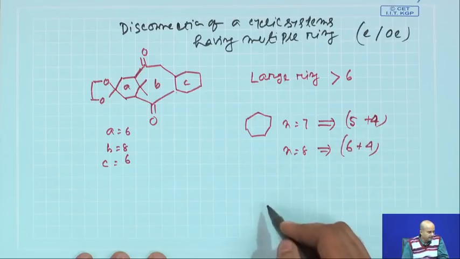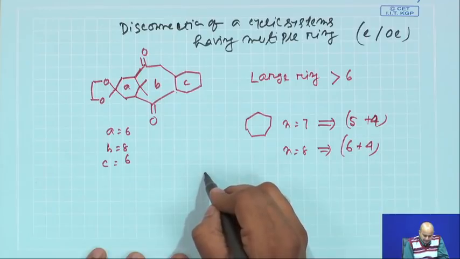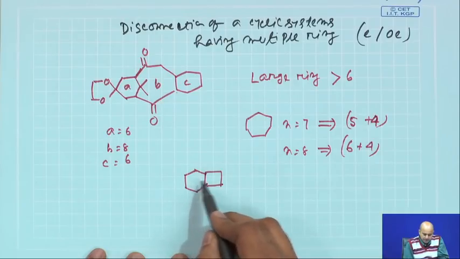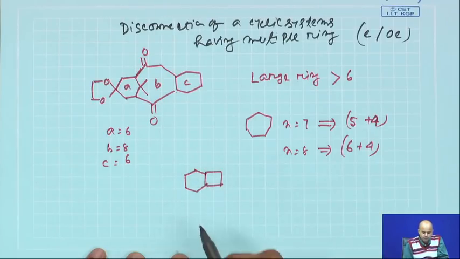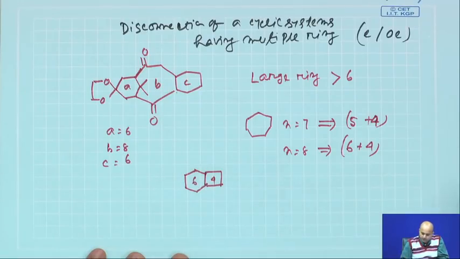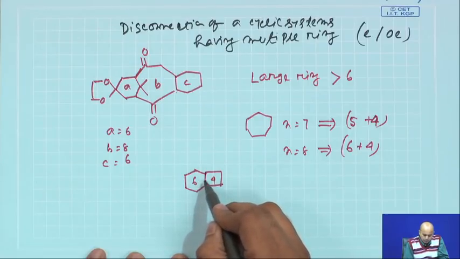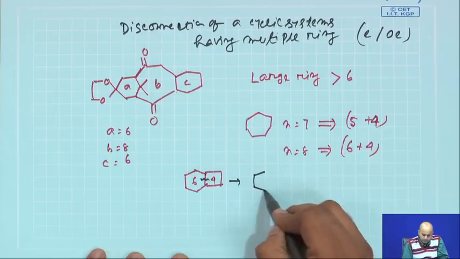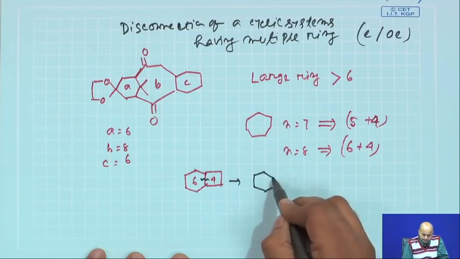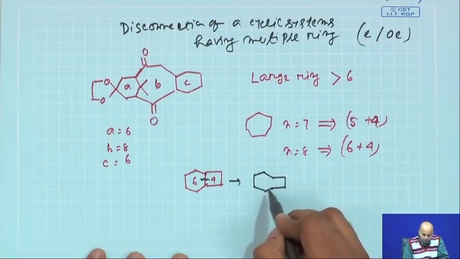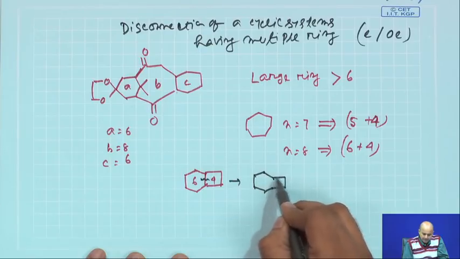Now, how is that coming? So, I say okay, if you are having a structure something like this, a 6-member ring and 4-member ring fused together. Now, if some reaction allows you to break this bond, so basically what we will now get, this ring size now starts from 1, 2, 3, 4, 5, 6, 7, 8.